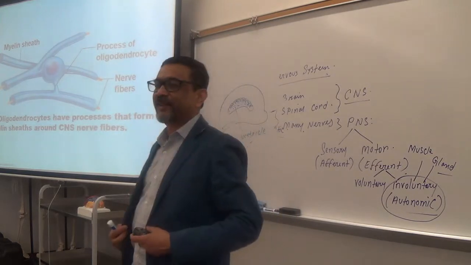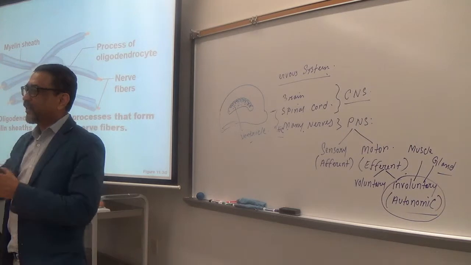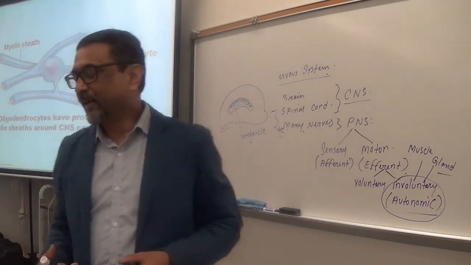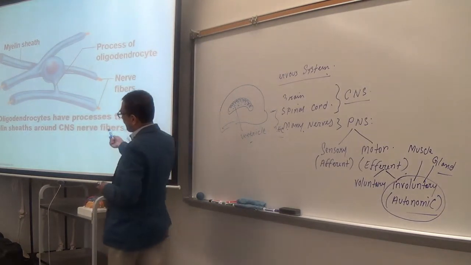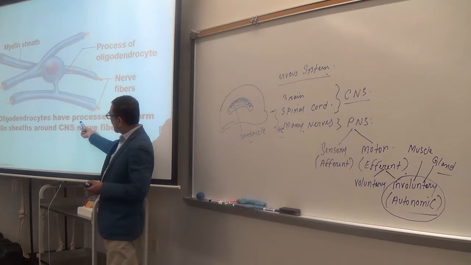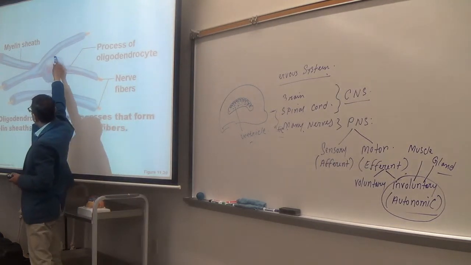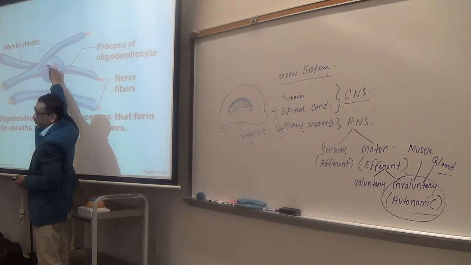Now insulation. Few neuroglial cells insulate the nerve fibers. Example, oligodendrocytes, one type of neuroglial cells. This is oligodendrocyte. Looks like a full moon. This is the nucleus. So this is the cell body.